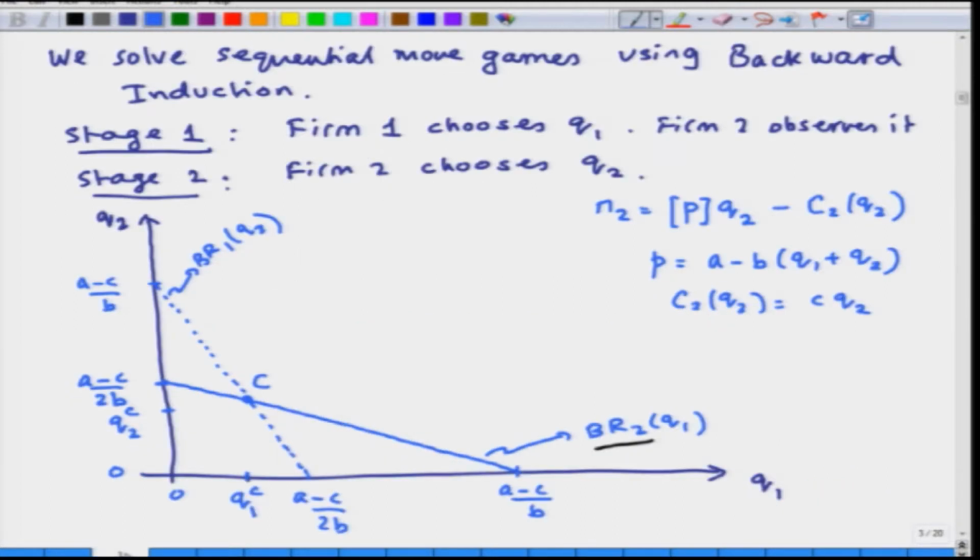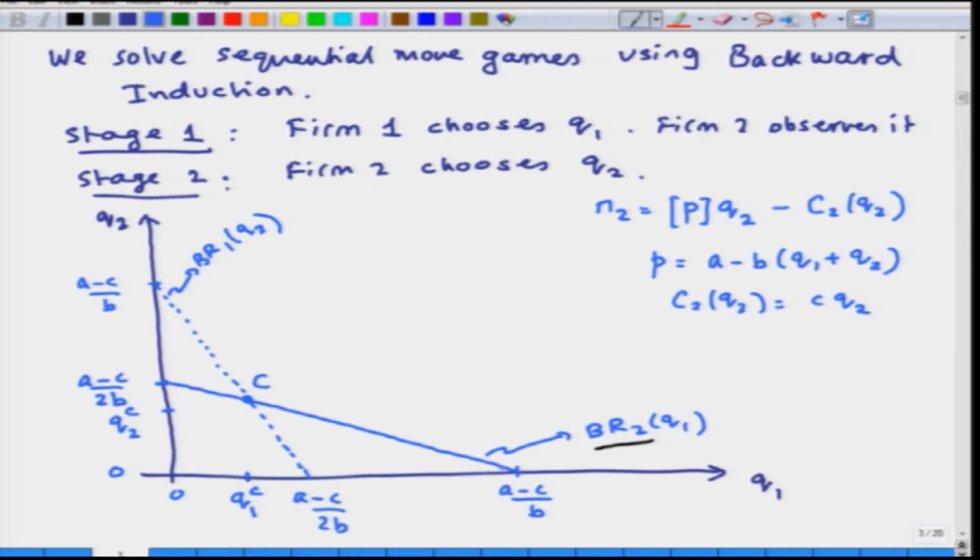Let us again look a little bit deeply into the best response function for firm 2. Now, if we look at the slope of this line of BR2, we will find that the decrease in Q2 is smaller than the increase in Q1, right.